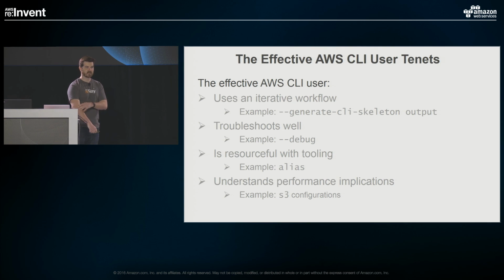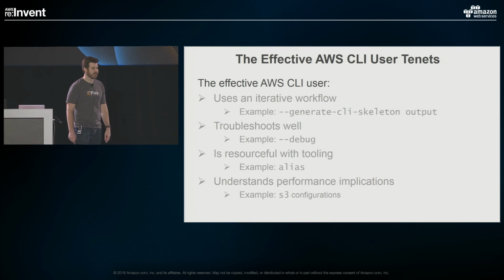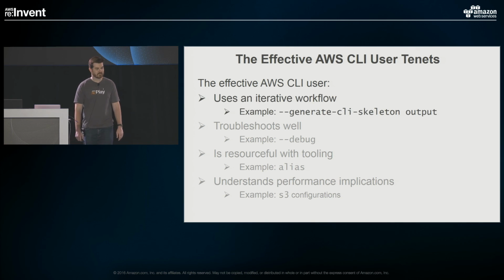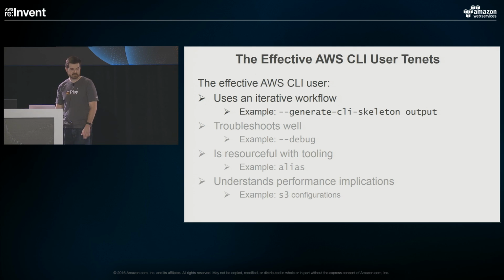So now that I talked about all the tenets, what I want to do is summarize what I talked about. I talked about the effective AWS CLI user, and I gave a lot of practical examples of how you can implement or follow these tenets in your everyday CLI use. In terms of using an iterative workflow, I talked about how you can use generate CLI skeleton with the output option to go ahead and get a sample response to play with and give you a lot more confidence before you're actually making that API request.